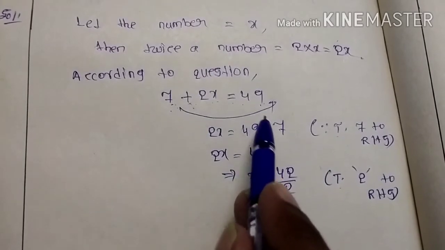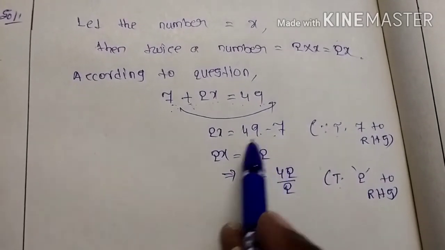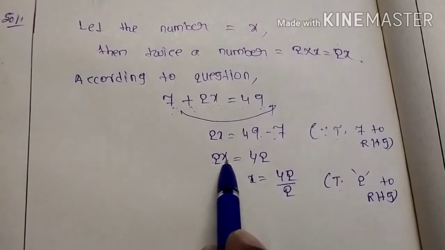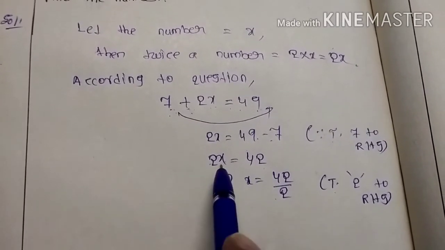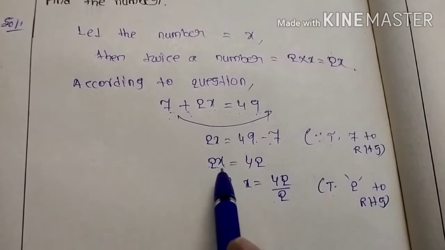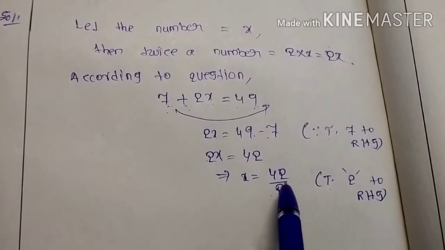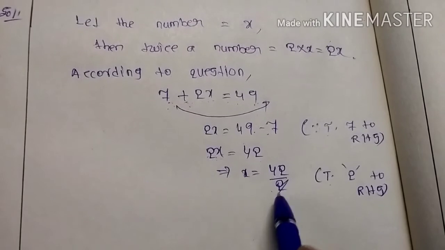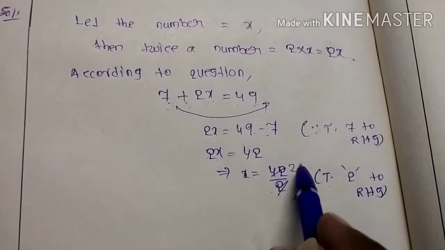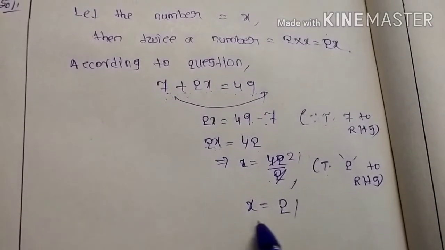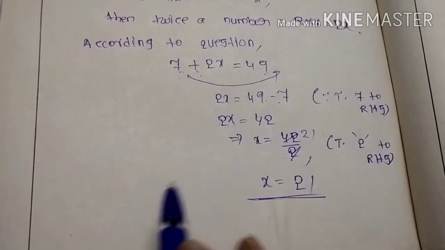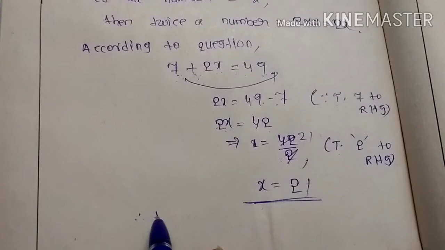If I am transposing to RHS, it will become subtraction. 2 times x means if I am transposing 2 to RHS, you will get division, or not? Multiplication will become division. That means 2x will become by 2. 2 ones are 2, 2 twos are 4, so 42 by 2 gives you 21. That means x is equal to 21.